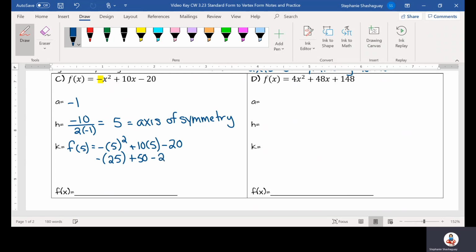And then we still have that negative 20. Okay, negative 25 plus 50 is going to be 25, minus 20 is going to equal 5. So that means my vertex is at the point (5, 5).